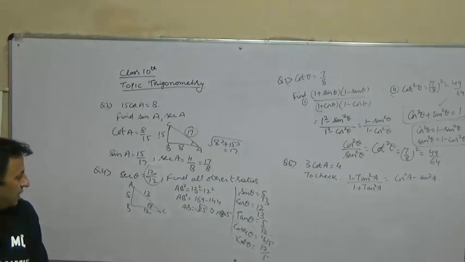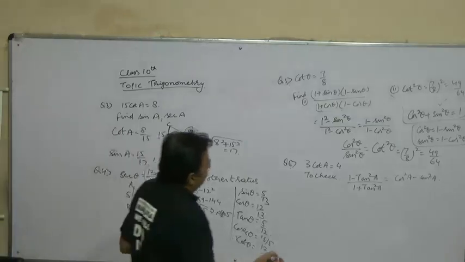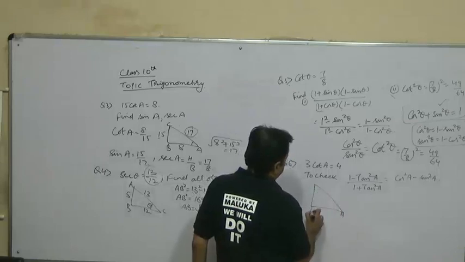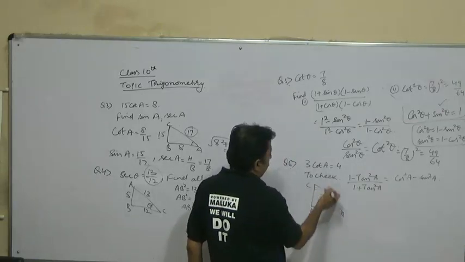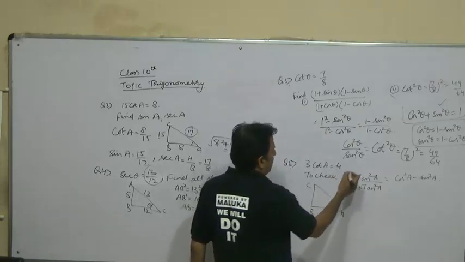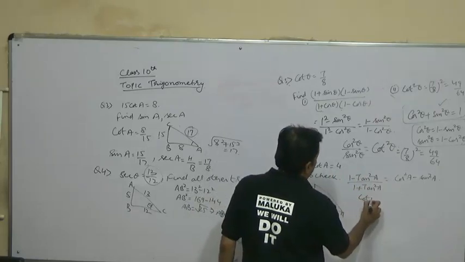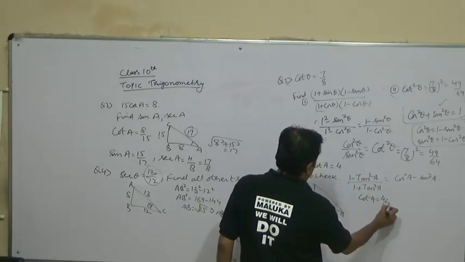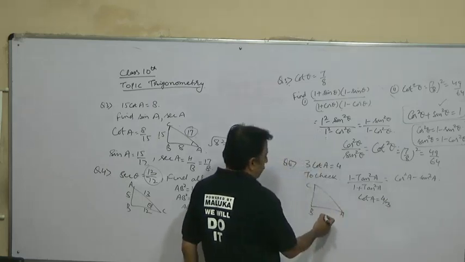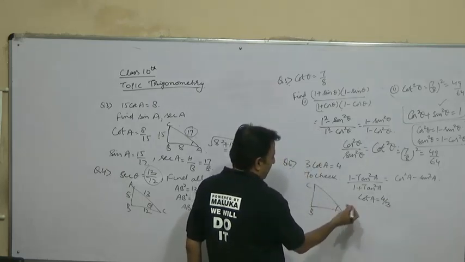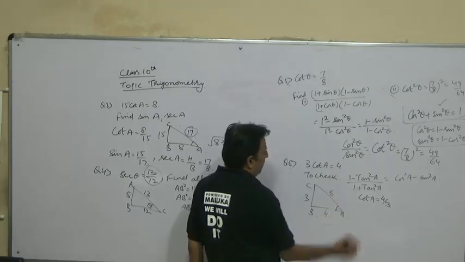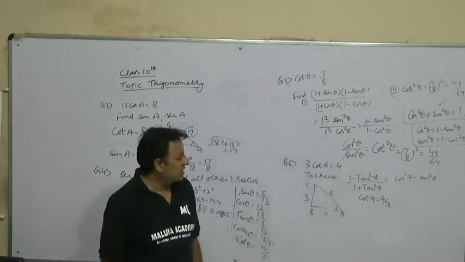So this is a very simple question. So we can have this A, B, C. So cot A is 4/3. So we can write from here cot A is equal to 4/3. So this will be 4, this is A base and perpendicular, and this turns out to be 5, hypotenuse is 5.